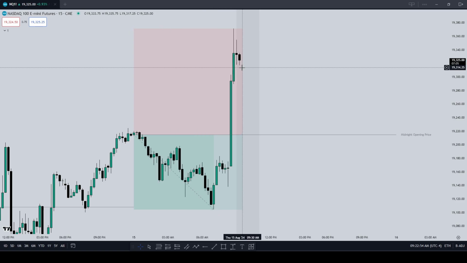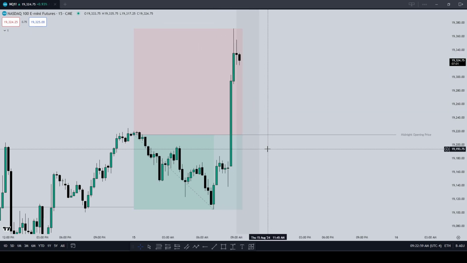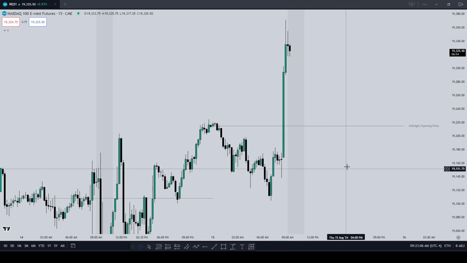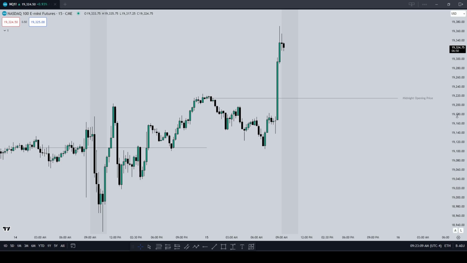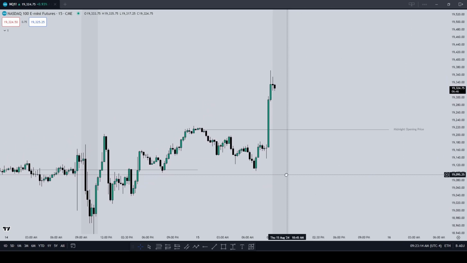Same thing with people being sellers up here. If they're selling up here, they're going to want to buy it back at a discount down here. So it's very simple, very easy to understand. And it's quite flexible and versatile, where you don't need indicators, you don't need anything. But like I said, you're very flexible to use it however you want.